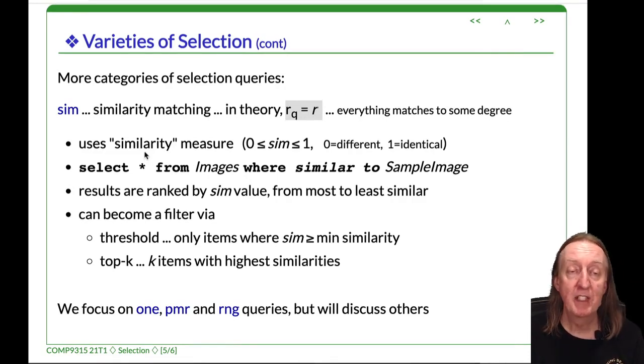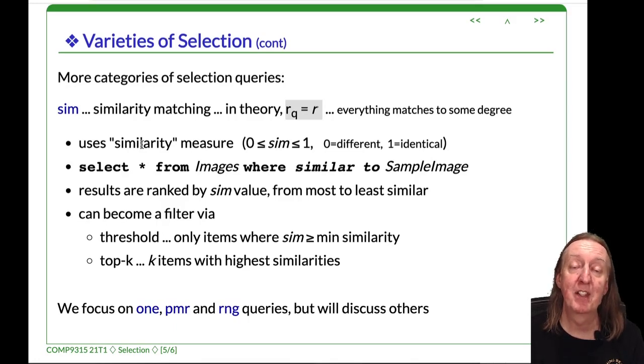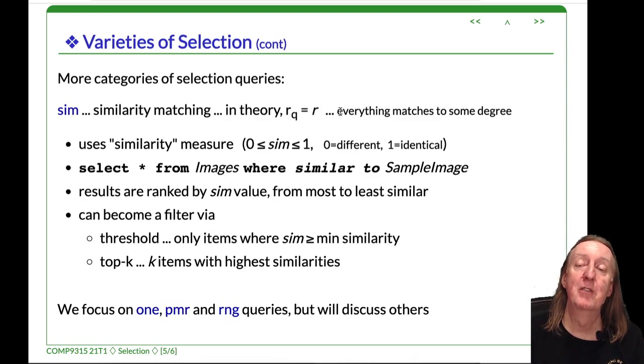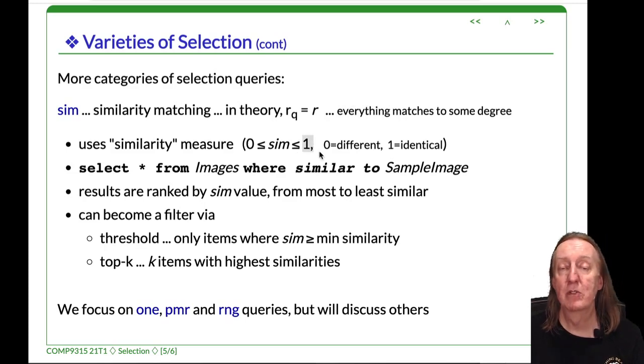So we need some kind of similarity measure in order to do similarity matching. Kind of makes sense, doesn't it? Typical similarity measures would have a value in the range 0 to 1, where 0 means totally different, not a match at all, so that kind of goes against what I said up there, and 1 means identical.